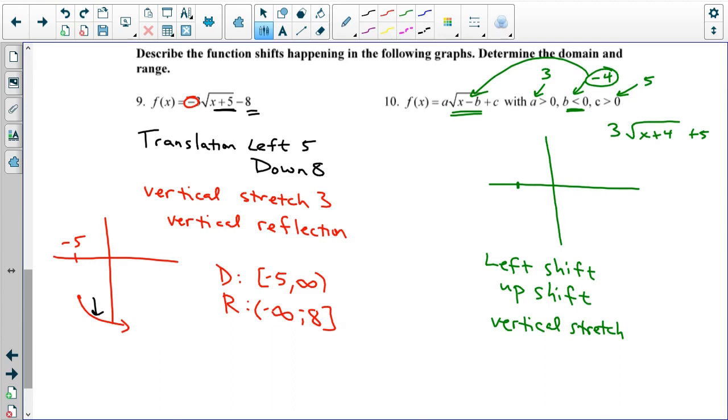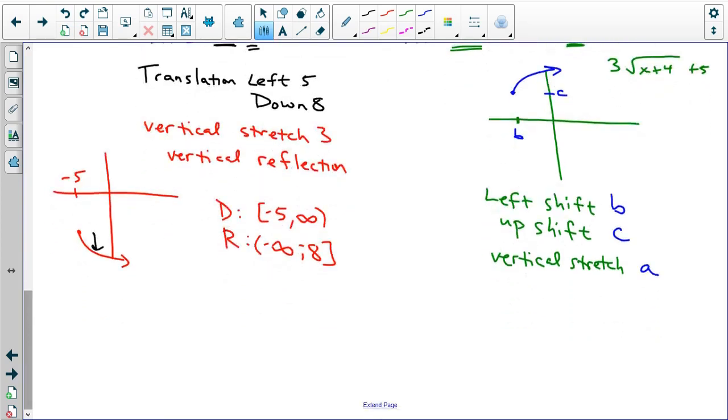So it's a left shift of b, an up shift of c, and a vertical stretch of a. So here is c, here is b, and my stretch is going to be a.